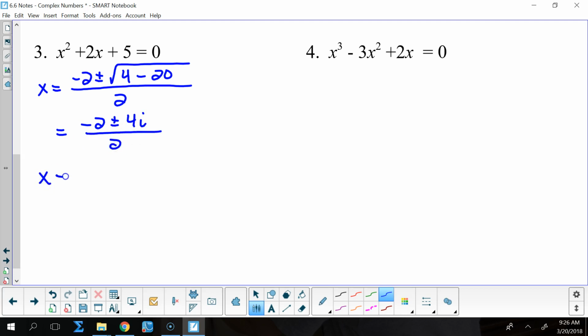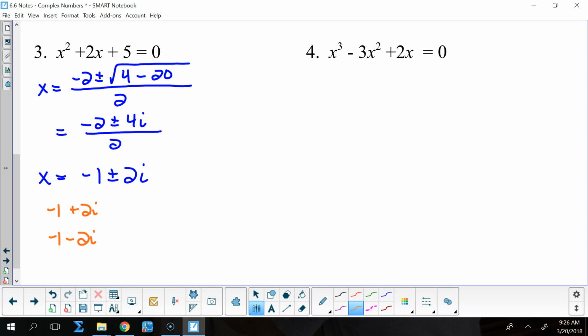So x here is equal to negative 1 plus or minus 2i. And really, negative 1 plus 2i is one answer, negative 1 minus 2i is the other answer. Okay? That's really what that means.